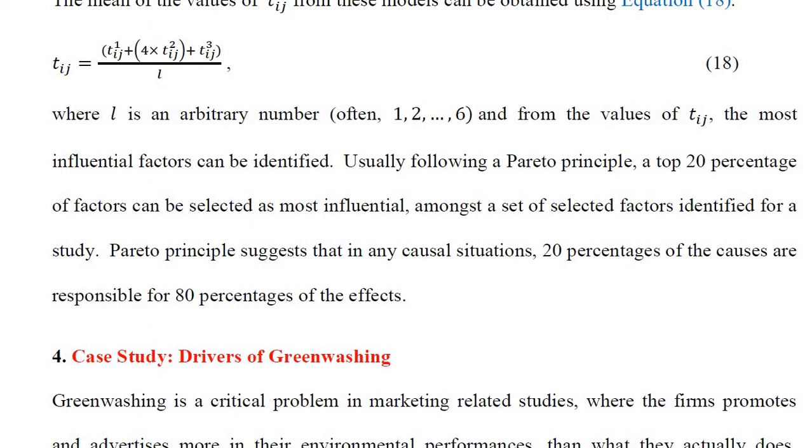If decimal places come, round up to the higher digit. If it comes to 2.5, round it to 3. So the 3 factors which have the highest Tij values are taken as the most important in the system.